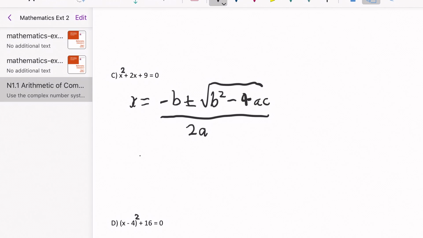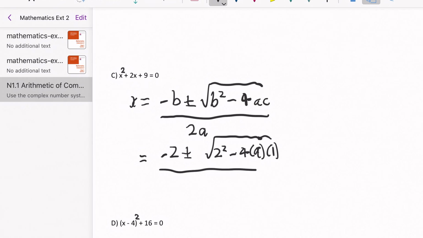Now let's plug all our values in. We get -2 plus or minus the square root of 2 squared minus 4 times 9 times 1, all over 2 times 1.